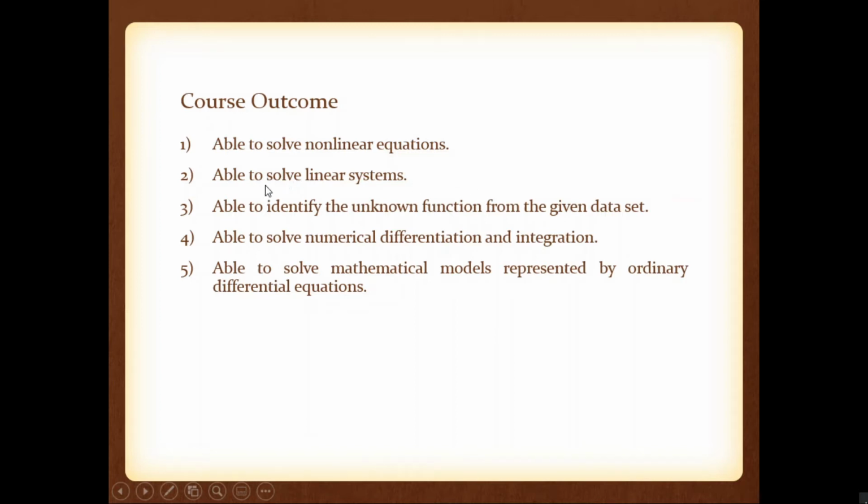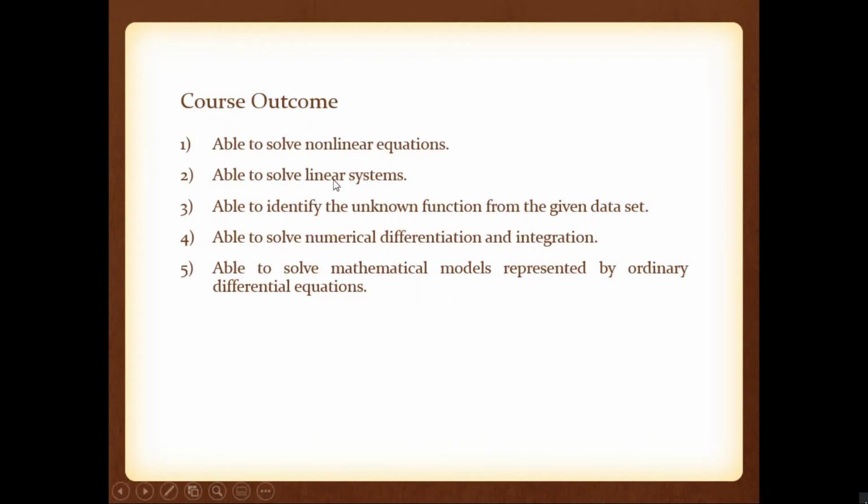Second outcome of numerical method is you will be able to solve linear systems. There is a difference between equation and system. If we have more than one equation, then it is known as a system. If you are representing something by using more than one equation, it is known as a system.